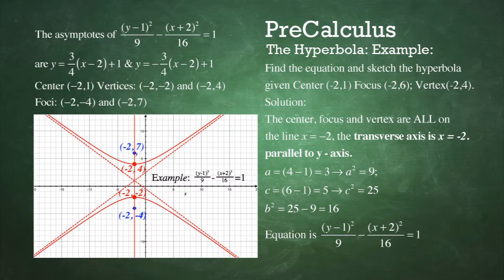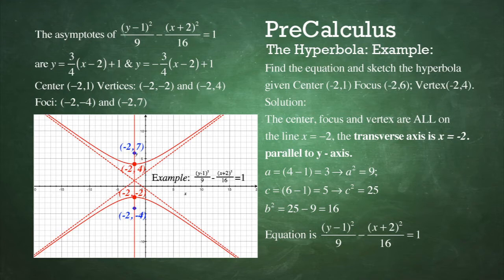The asymptotes of the hyperbola (y minus 1) squared over 9 minus (x plus 2) squared over 16 equals 1 are y equals 3 over 4 times (x plus 2) plus 1, and y equals negative 3 over 4 times (x plus 2) plus 1.